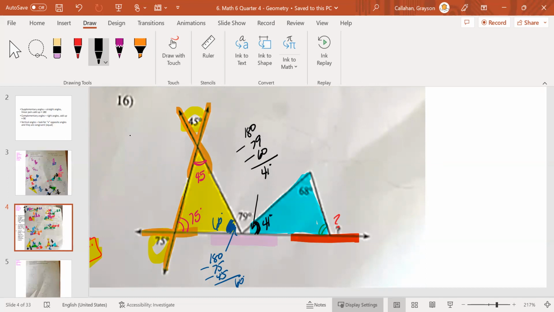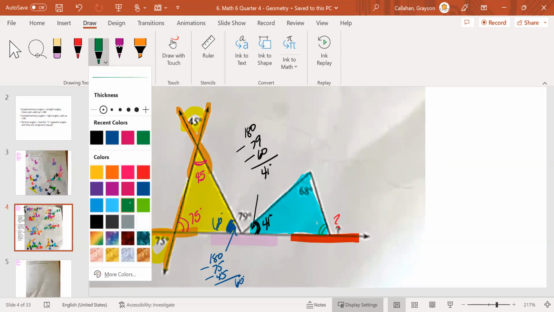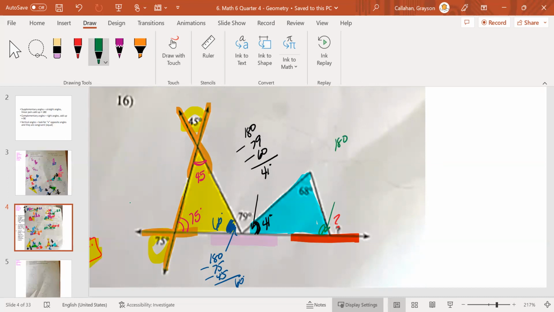Then can I now look for the green angle right here? Look at that blue triangle, right? How many angles do I have there? Okay, so 180 minus 68 minus 41. And then what do you have?